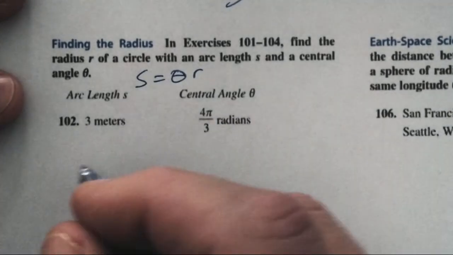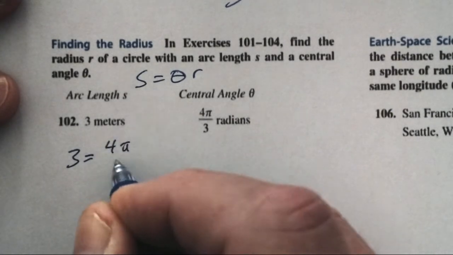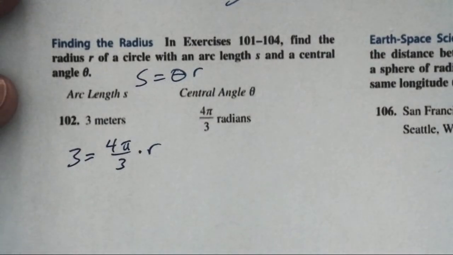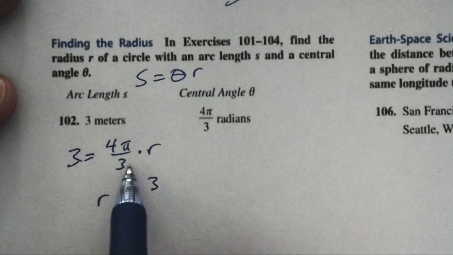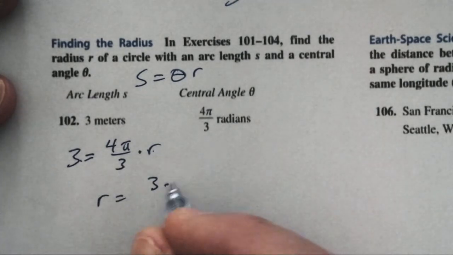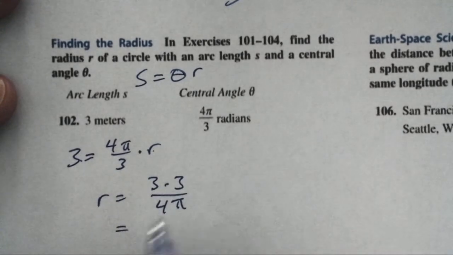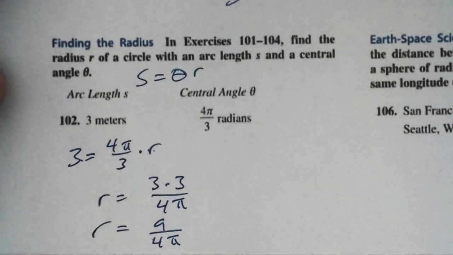So we have an arc length S, that's 3, equals 4 pi on 3 times r. Therefore, r equals, it started out as 3. To get away from r, I'd have to multiply this 3, and I'd have to divide by 4 pi. So we end up with 9 on 4 pi. There's r.